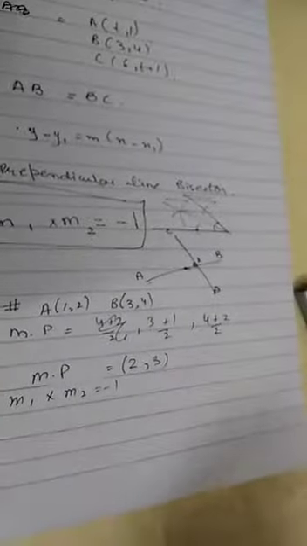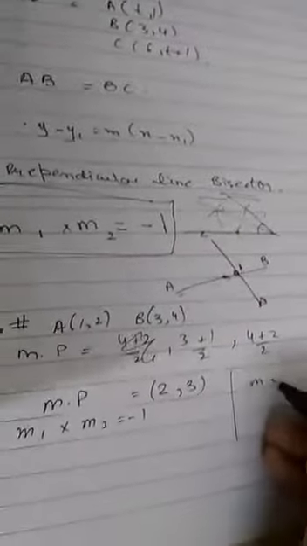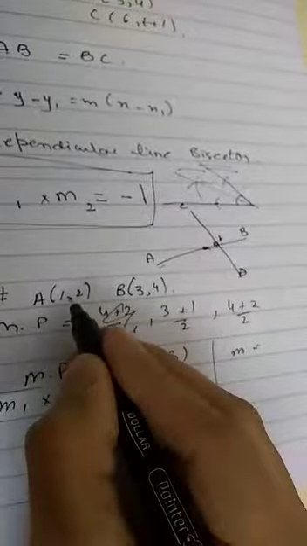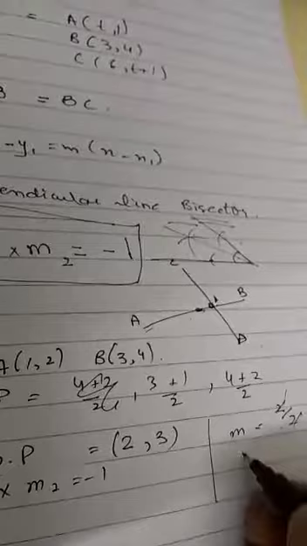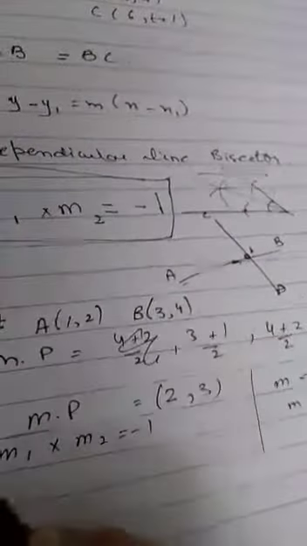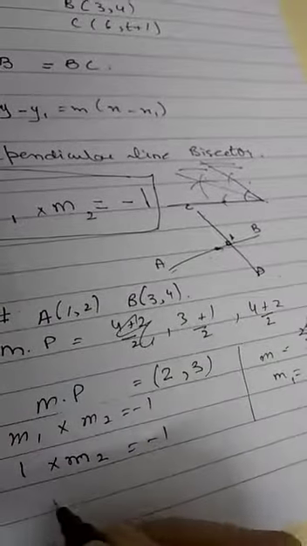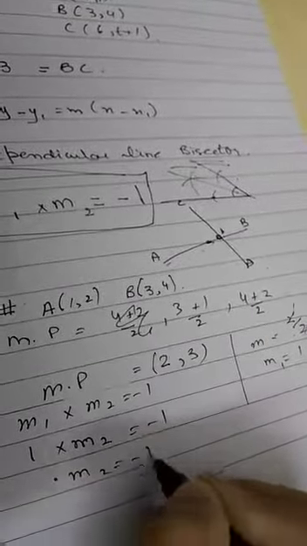We just have a formula here: m is equal to (y2 minus y1) upon (x2 minus x1), so 4 minus 2 is 2, 3 minus 1 is 2, right? So m is equal to 1, m1 is equal to this, so 1 times m2 is equal to minus 1. Like we could say m2 is equal to minus 1, right?